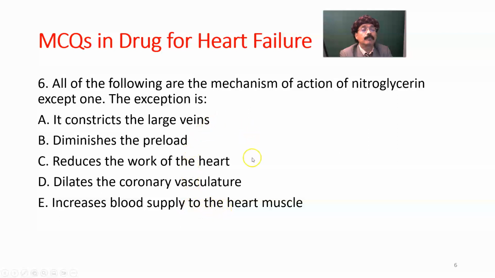All of them are correct except A. It does not constrict the large vein, rather it dilates the large vein, it decreases preload, and if the preload is decreased, then afterload will also be decreased. So this is the exception, that is the answer here.